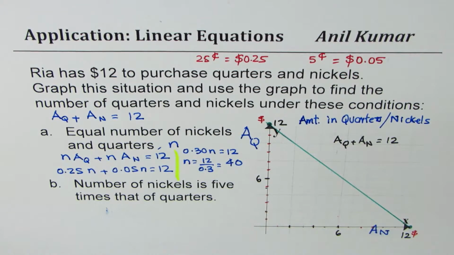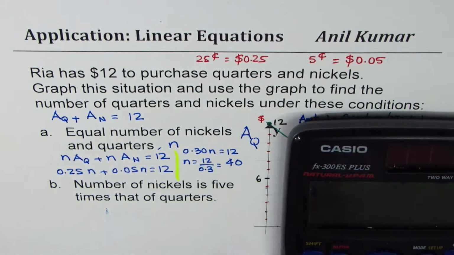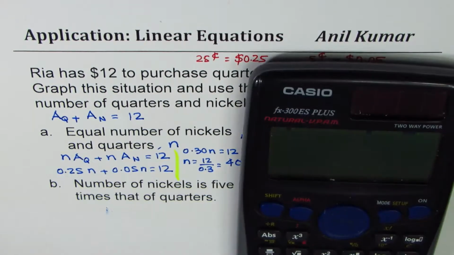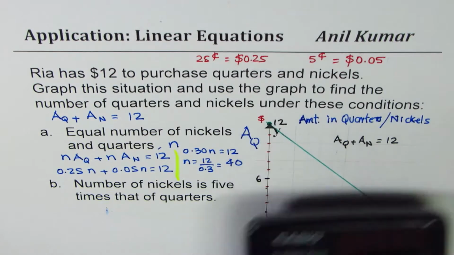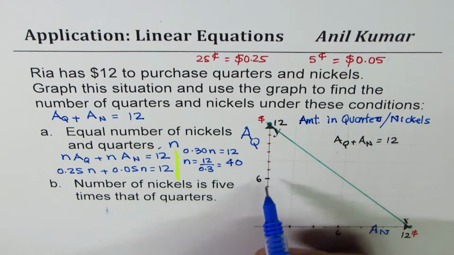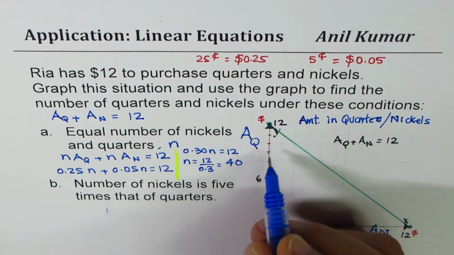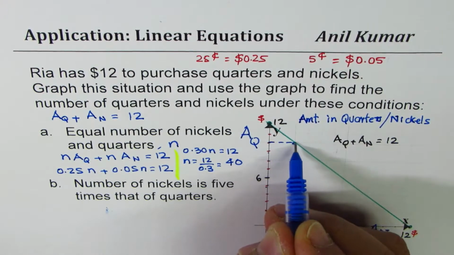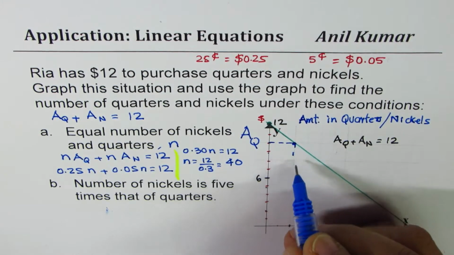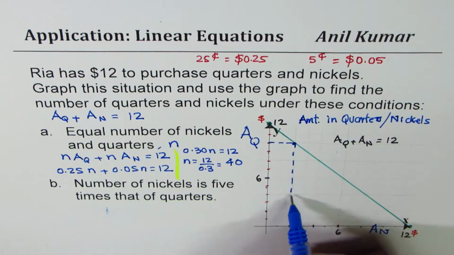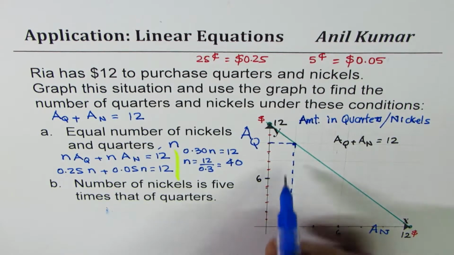And we have figured out that it is 40. So in quarters, how much is it? 40 times 0.25 gives us $10. So basically it is $10, 6, 7, 8, 9, 10. So that is the position. Do you see that? So on the graph, we can actually calculate like this.